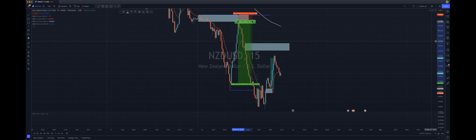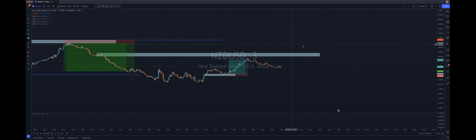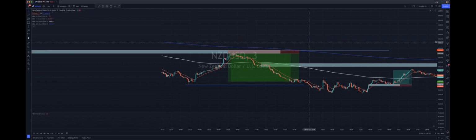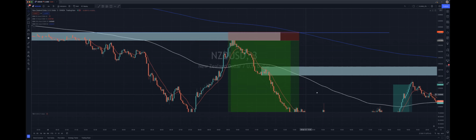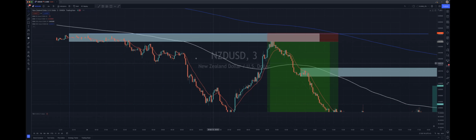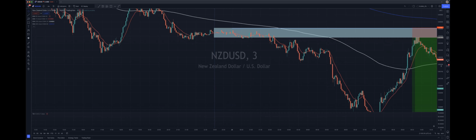So this was an example on NU for London session. You can see this is the view on M15. Maybe you want to take a look at it on the 3-minute time frame, how it was looking. You can see candles all over the place in that consolidation.